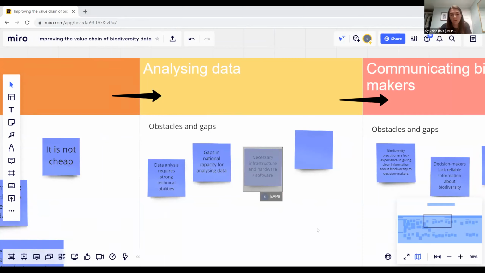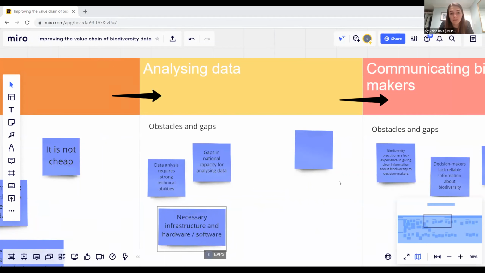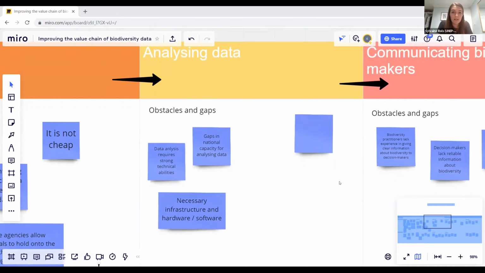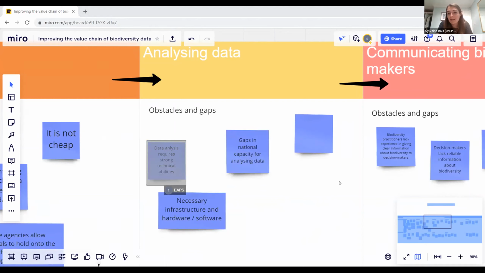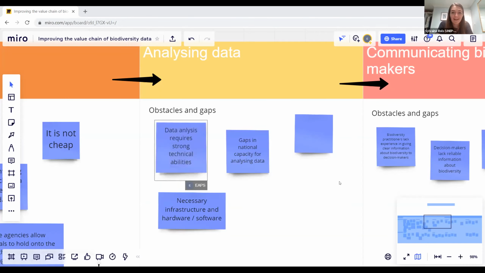I think the one I would reflect on is always going to be related to this. If there is a need for strong technical abilities and there might be limited capacity, a limited number of individuals able to carry out this spatial analysis, for example, that likely means they are in very high demand in their own organization. And so obviously they will have limited time available to dedicate to each project.